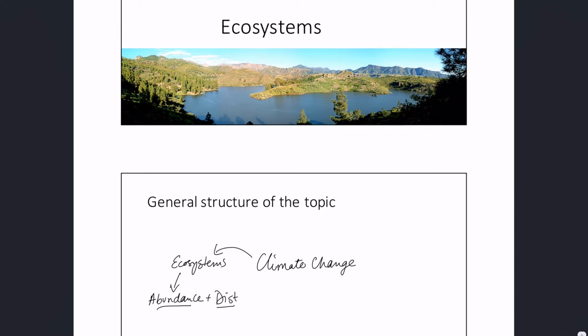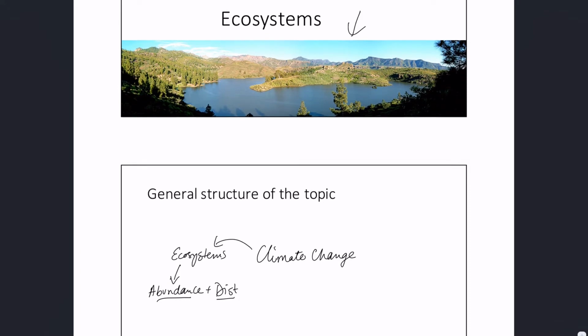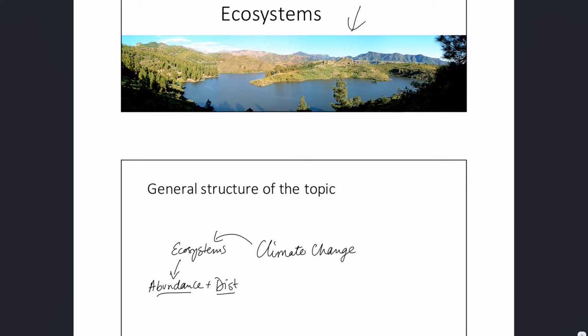So just look in this picture, for example, if we have this ecosystem right here, we're going to get all the plant life forms, all the plant organisms, like trees and all the land-based organisms. They have adaptations to survive on the land here, whereas we might have aquatic organisms with aquatic adaptations in there.